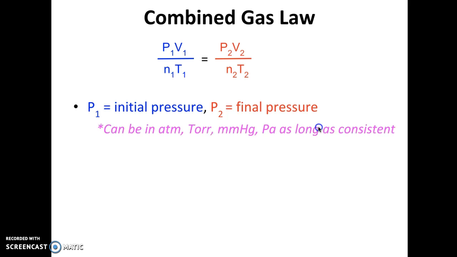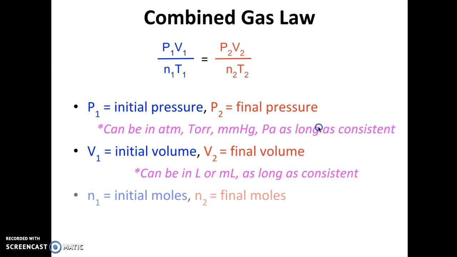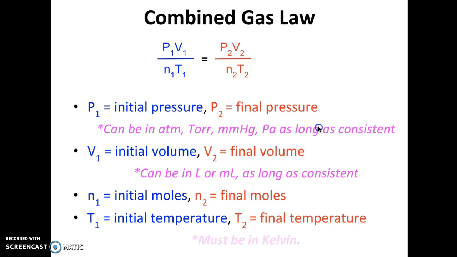So I just want to go through this with you. For the combined gas law, you're not locked into units as much as you are with the ideal gas law. So there are different units and they're shown here. The main thing is that your units must be consistent. The only unit that has to be a certain value is temperature.